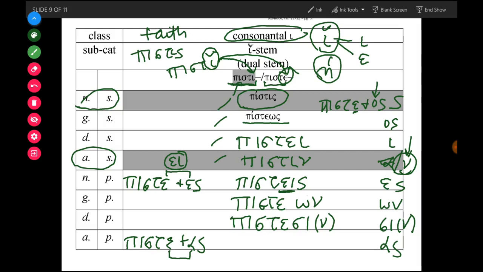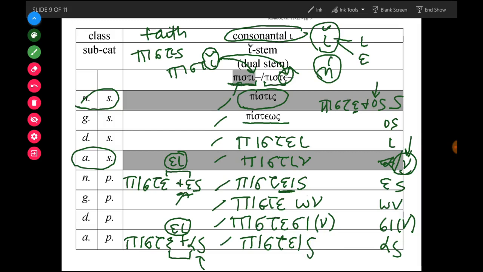Combine that with epsilon and you get the epsilon iota diphthong again, although in a different way. For the nominative plural, you get the form because you're adding es to it. But for the accusative plural, you get the form because you're adding as to it. So you get to the same final form, but through a different path. And the accusative plural is pisteis.